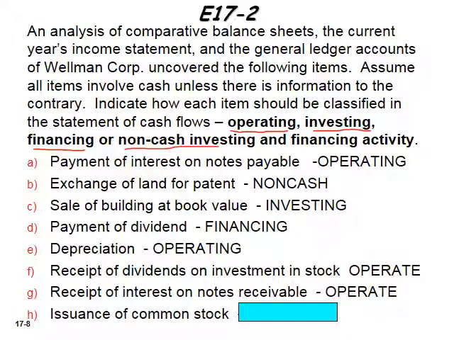And the theory behind that is that it's a management decision about whether or not to make those investments. And so whether or not the company is receiving or paying interest or receiving interest on investments or dividends on investments in other companies is due to the management's decisions. Therefore, it affects operating income, affects whether or not they have those monies available, which is why it goes into the operating section. So issuance of common stock, that's going to be a financing activity.